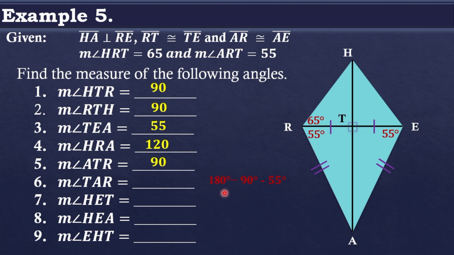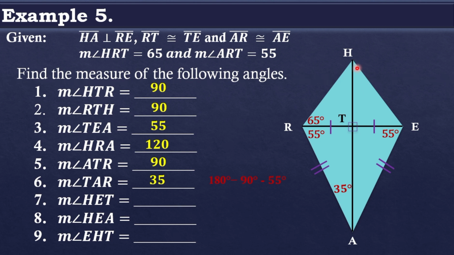So 180, i-minus natin si 90, this is 90, i-minus din natin si 55. So ang magiging sagot niyan is 35. So therefore this is 35 degrees. Okay? Paano kayo nakuha? I-minus nyo lang po siya sa 180 because the sum of the interior angles of a triangle is always 180. So, kung ito ay 55, ito ay 90, meron ka na kagad 145. So, ilan na lang kulang para maging 180? 35 degrees. Okay.